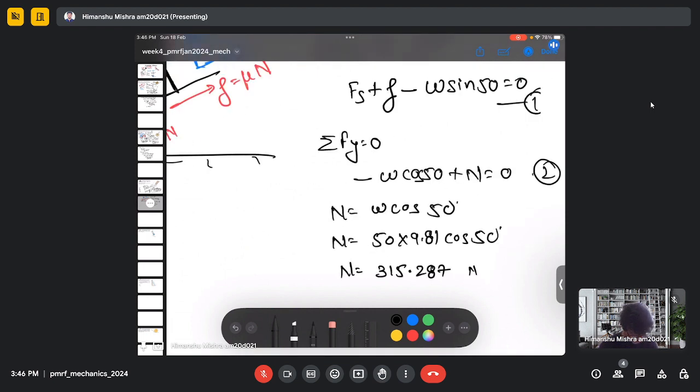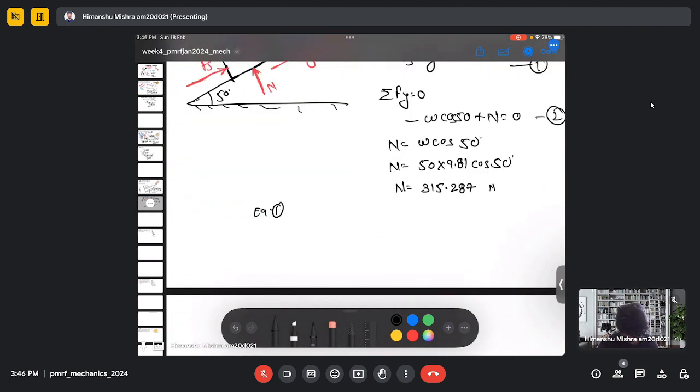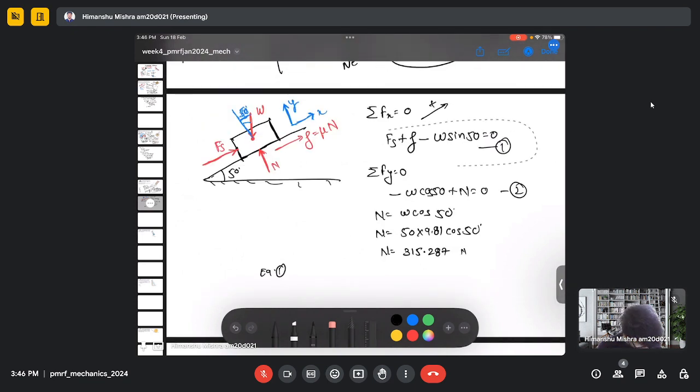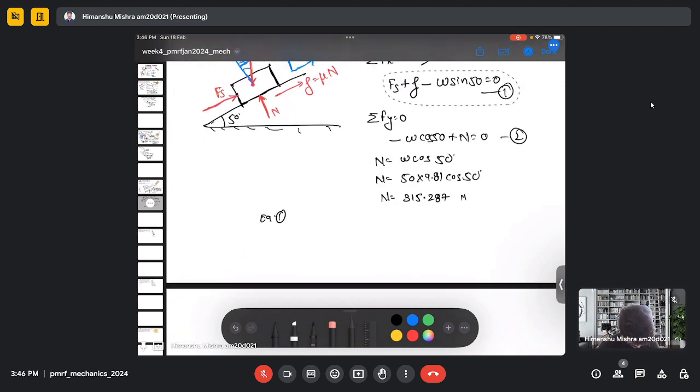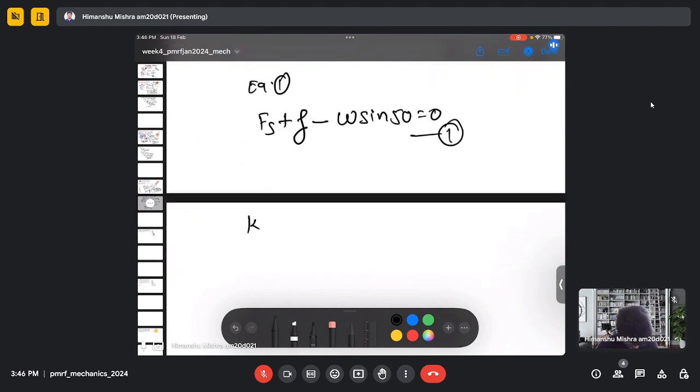Then we can use equation 1, which is given by K(0.8 minus x) plus mu N minus 50 times 9.81 sine 50 equal to 0.